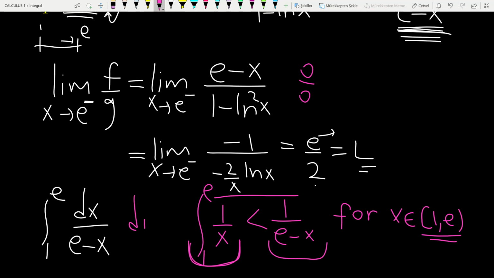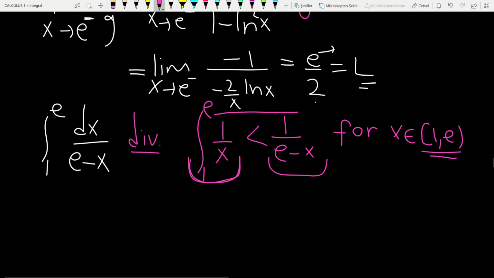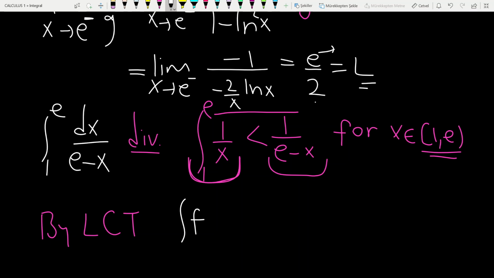This is why this improper integral of g is divergent. And by the limit comparison test, the improper integral of f from 1 to e and the improper integral of g from 1 to e have the same convergence type.